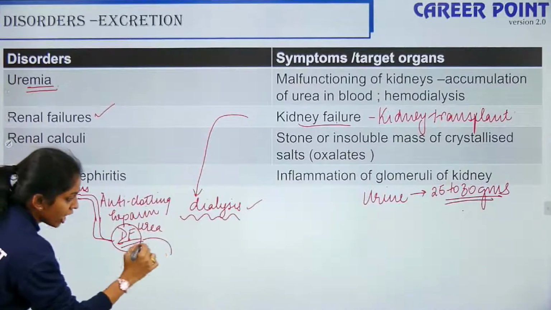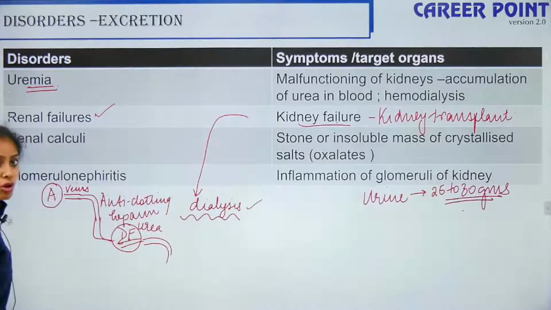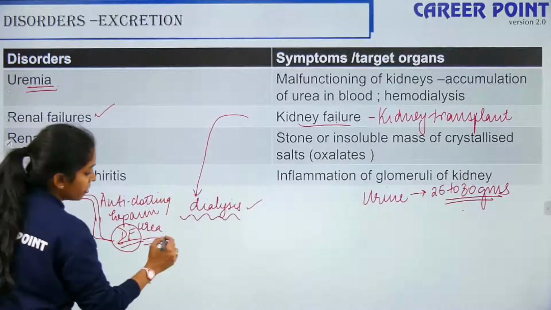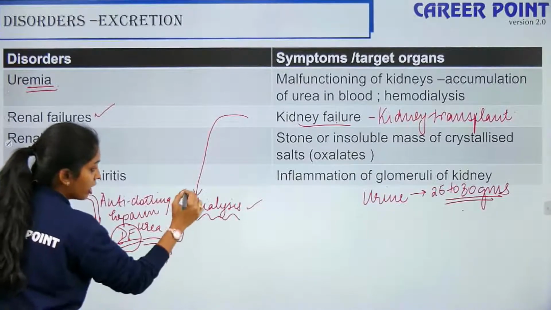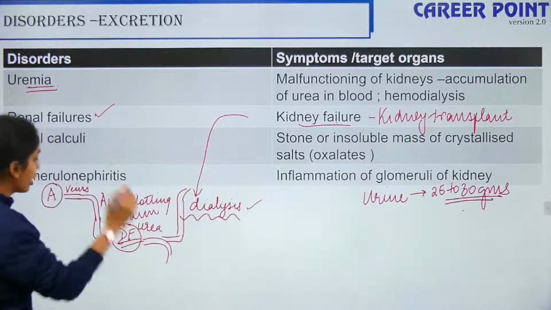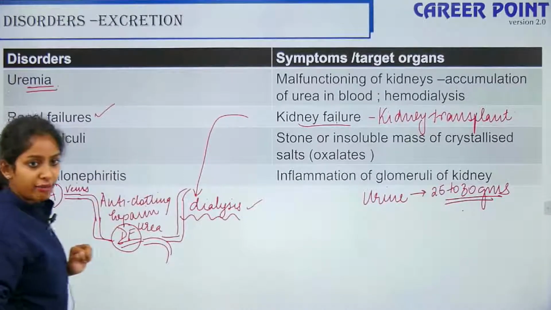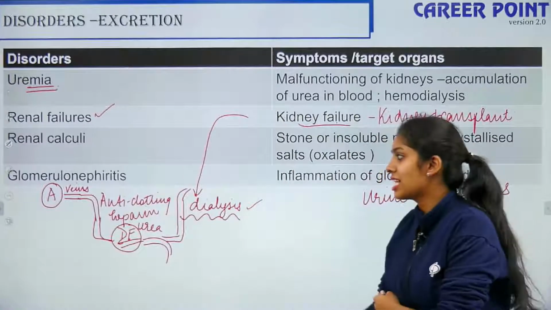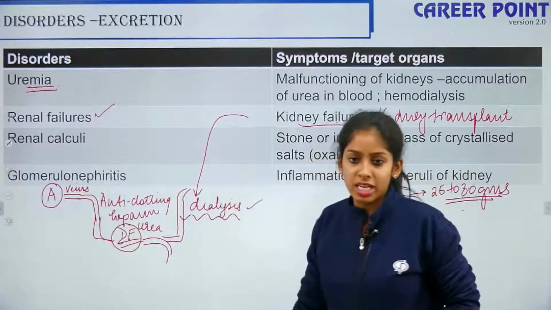So urea is easily rushed out of the incoming blood, and the filtered blood goes back to the body. Before you add it back, you take out the anticoagulating factors and then release it back into the body. So this is dialysis, and this will not work for a longer time period.